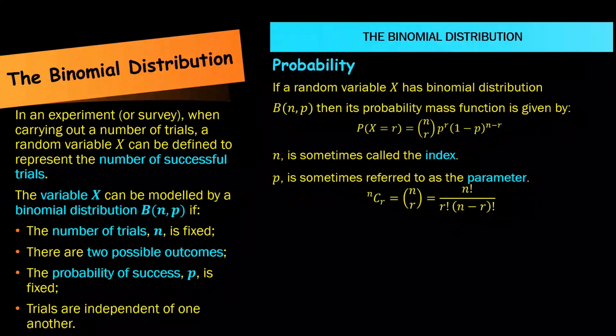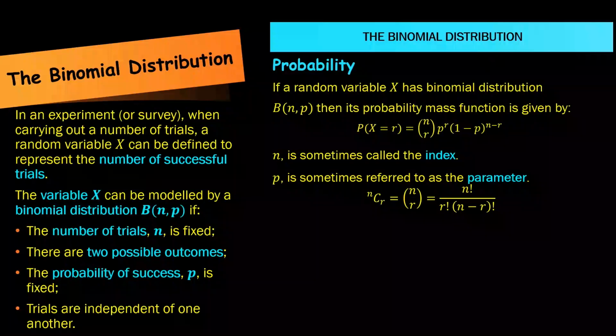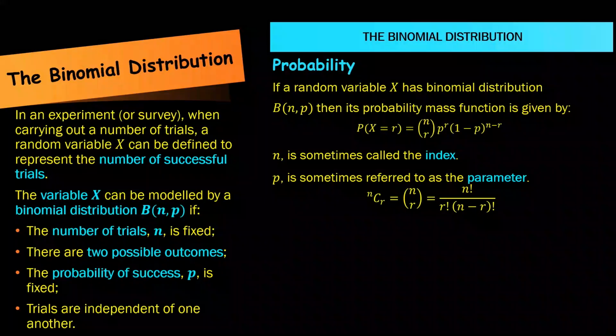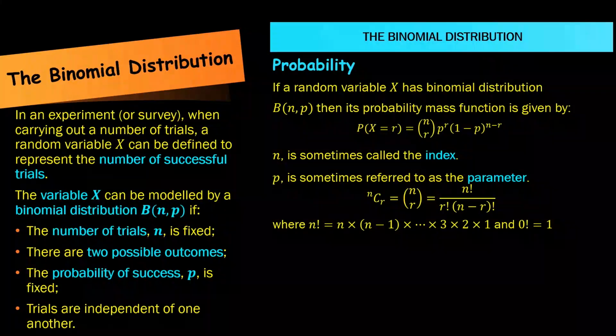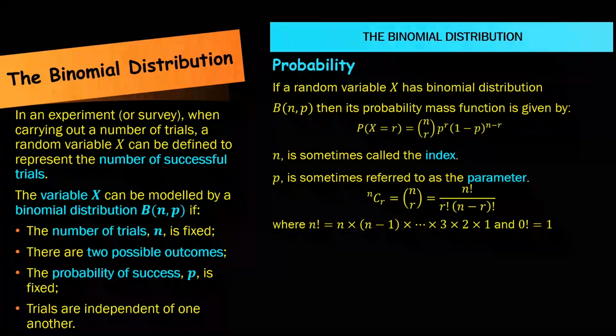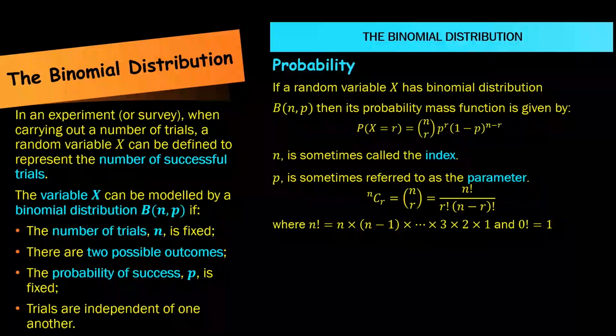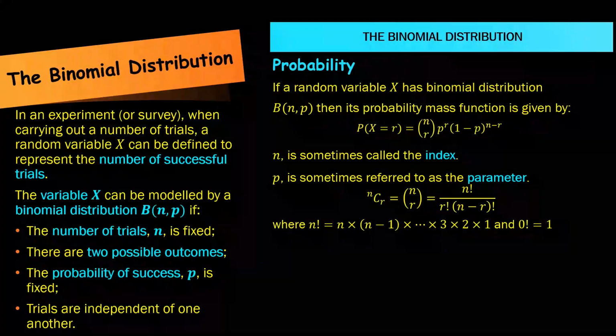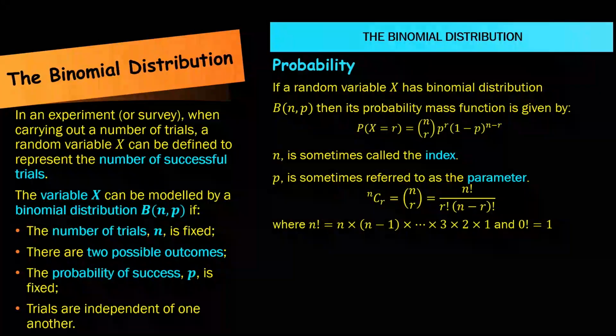n choose r equals n factorial over r factorial times n minus r factorial, where of course n factorial is n times n minus 1 times all the way down to 3 times 2 times 1, and 0 factorial is equal to 1.